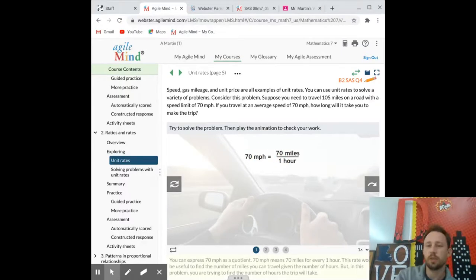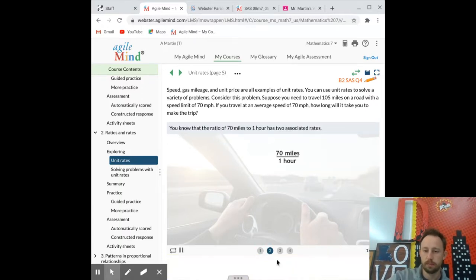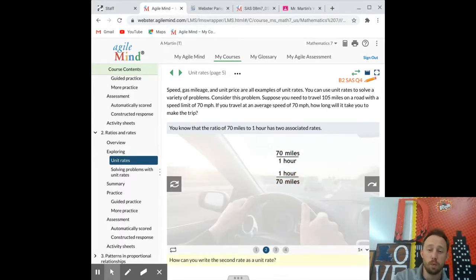All right. So the way that we say that is 70 miles per hour. We could also say 1/70th hours per mile. All right. So that's two ways we could write that as a unit rate.